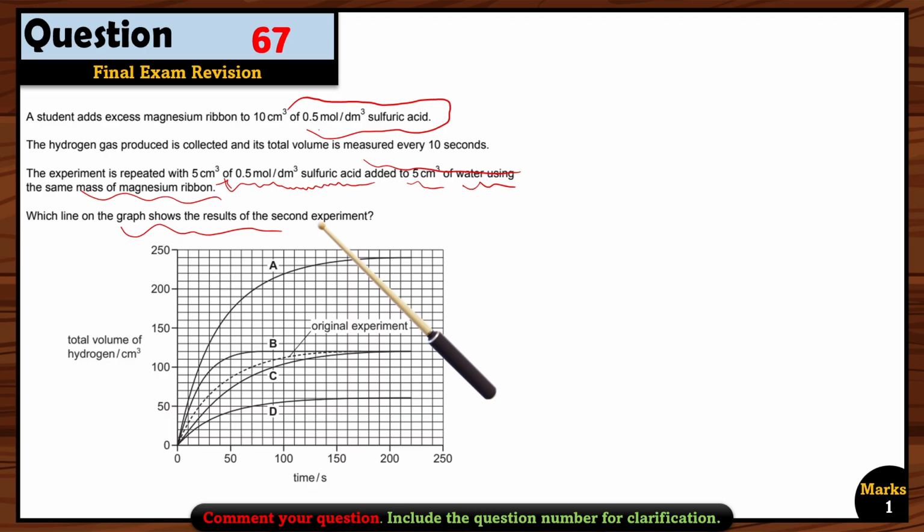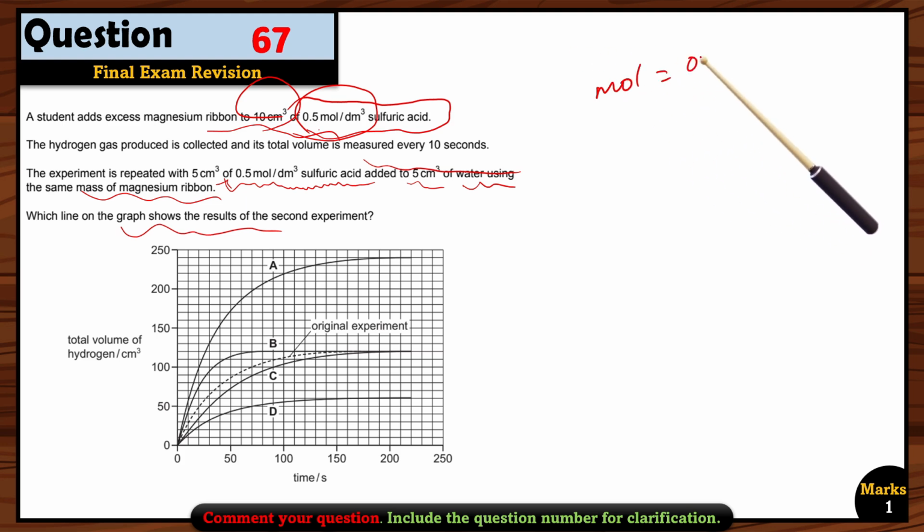So there is a lot of information given to you already. What you can do is, first you can find the moles. How many moles of acid are used? If you see, the volume is 10 cm³ and the concentration is 0.5 mole. So how many moles have you used? The 10 can be converted into dm³, so 0.01, right, into 0.5. I hope this is clear to you.